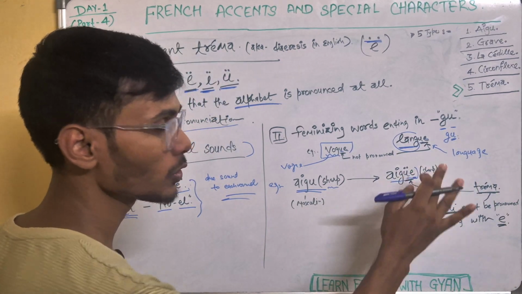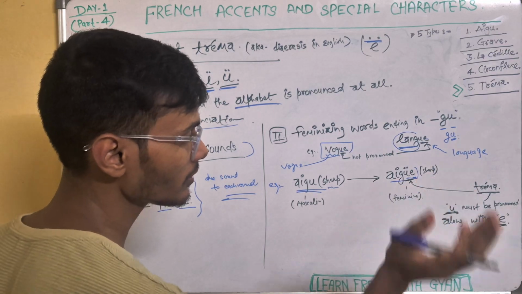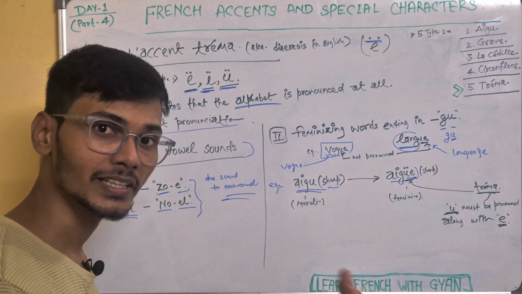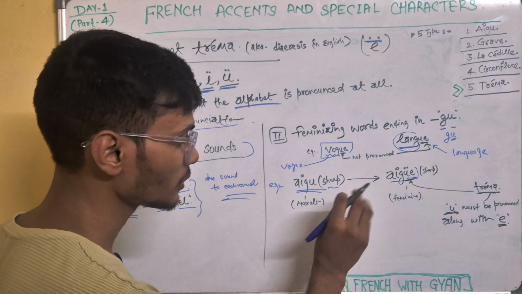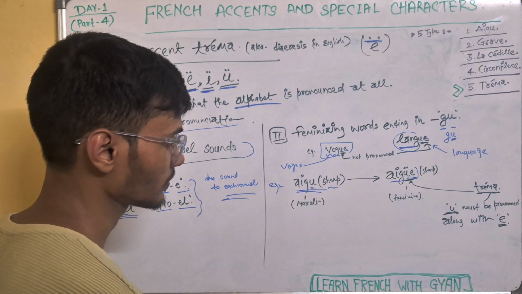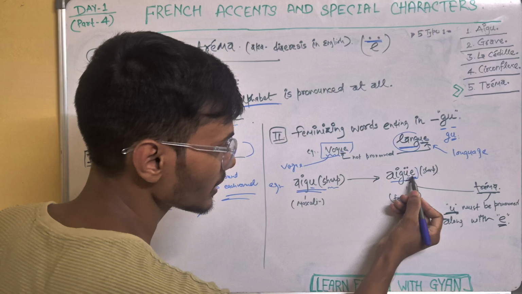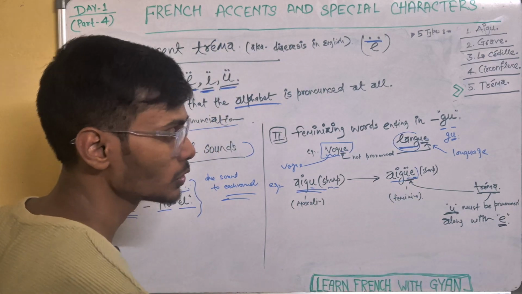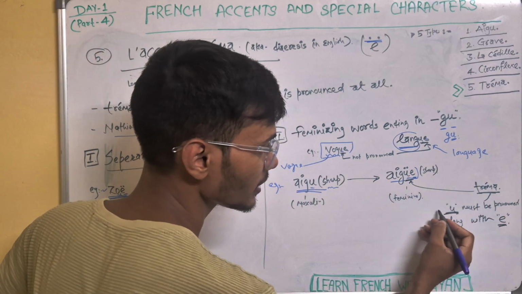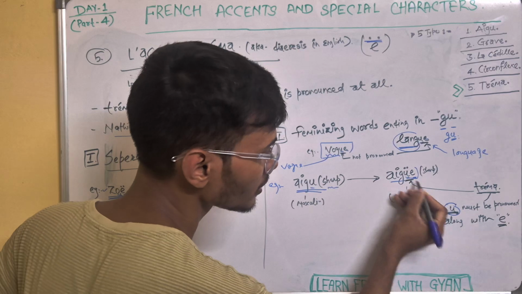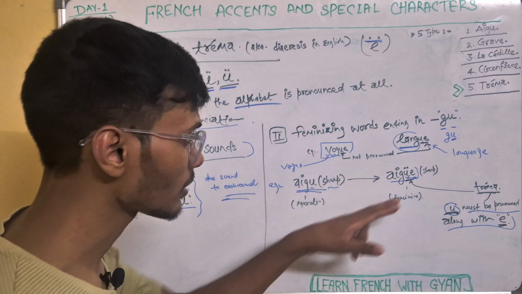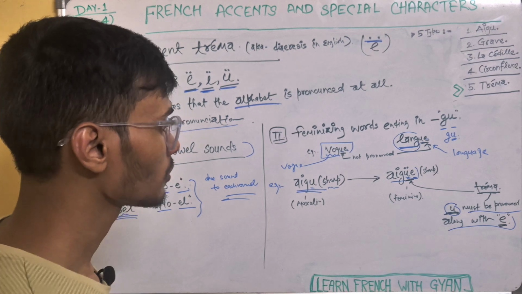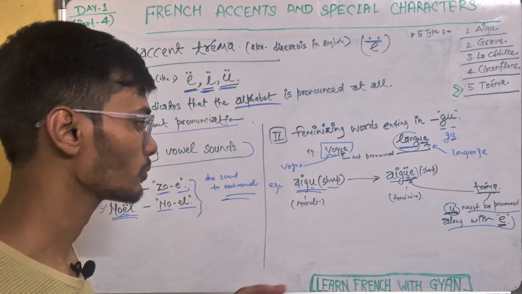If the trema were not here, you would leave out the u and e in pronunciation, though you are supposed to write them. But in this context you are going to pronounce them too. So this trema indicates that this u must be pronounced, along with the e also, because vowels are following, so the e is a vowel, and vowels should also be part of the pronunciation.